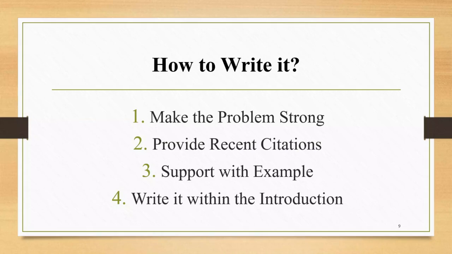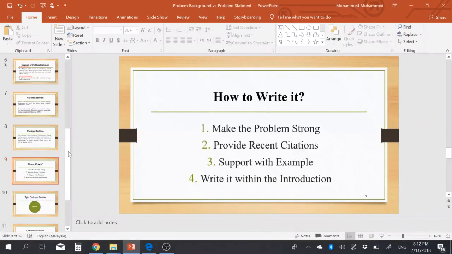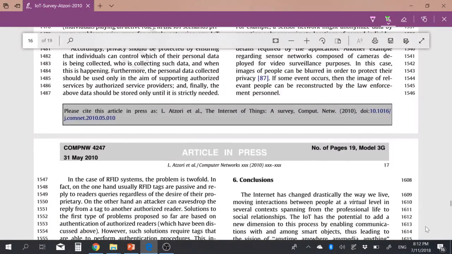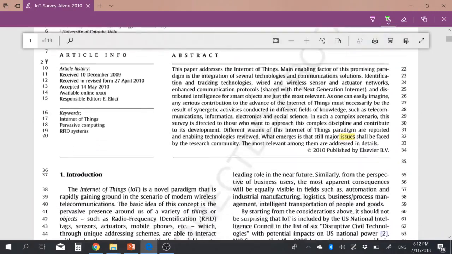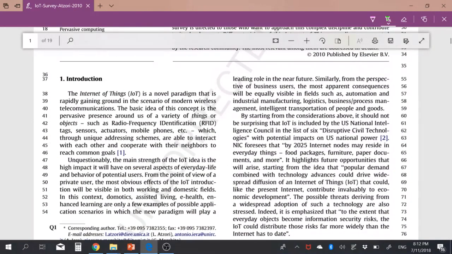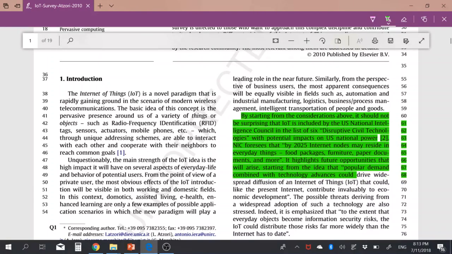Support it with an example. I will show you what I mean by support with an example. If you remember, the article talking about USA supports the example with USA. See here the mouse on the right side, all of this, when he mentioned USA.